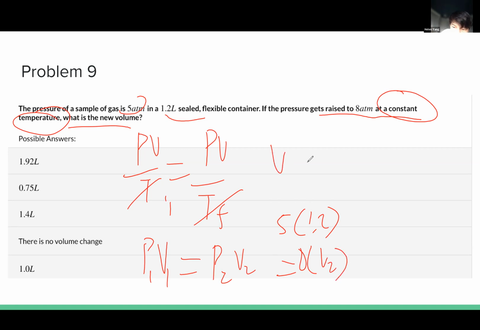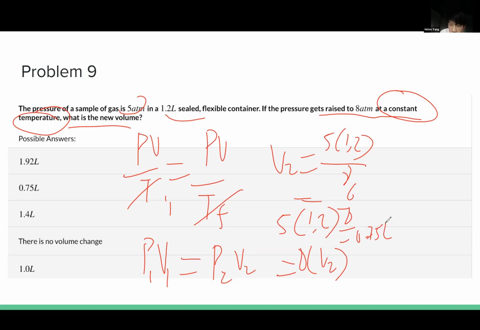So to find V2, let's do 5 times 1.2 over 8. And we don't need to convert the pressure into a different unit since they're both the same. So that would just give us 6/8, which is 0.75 liters. This is V2.